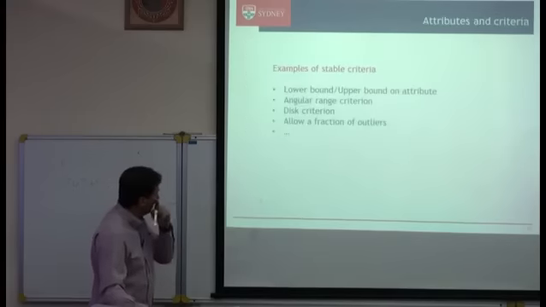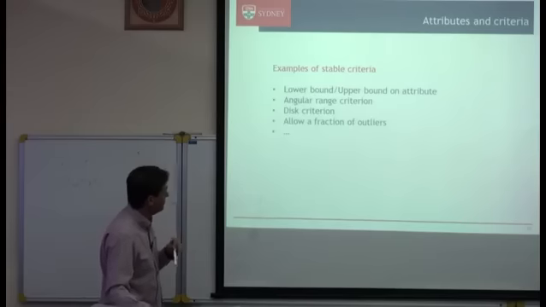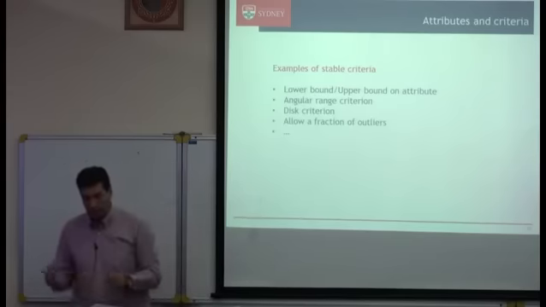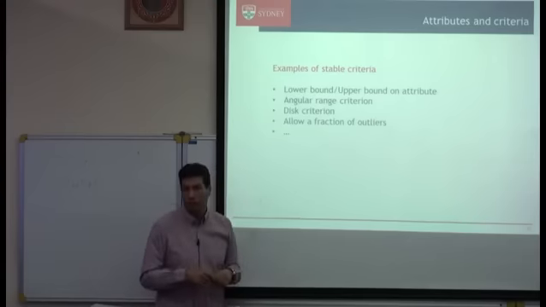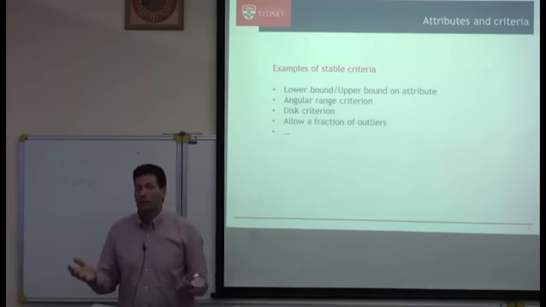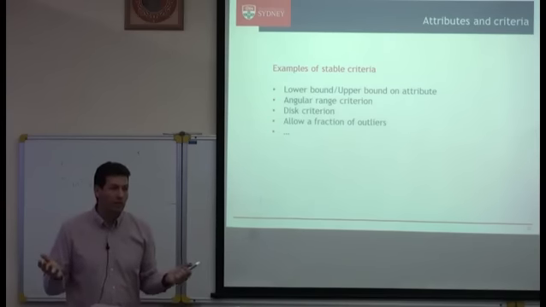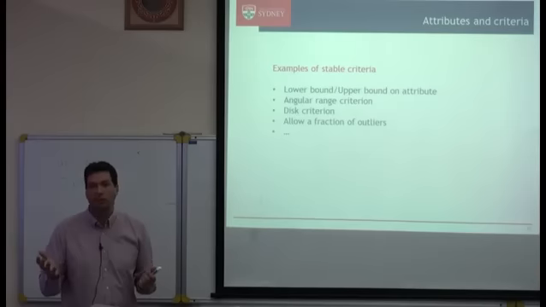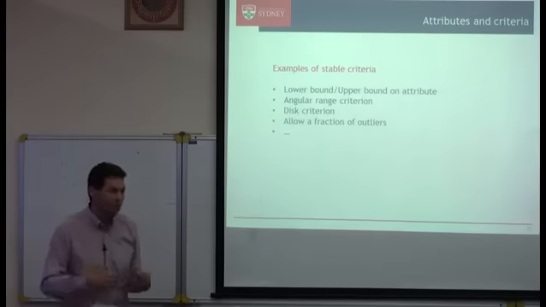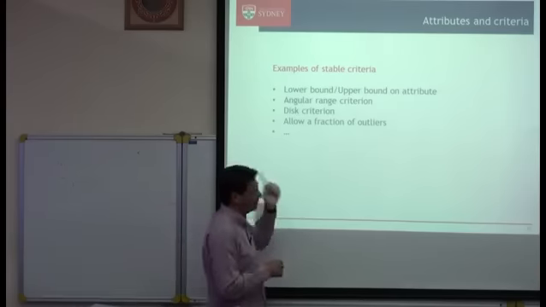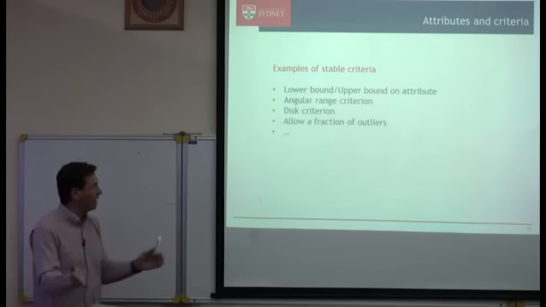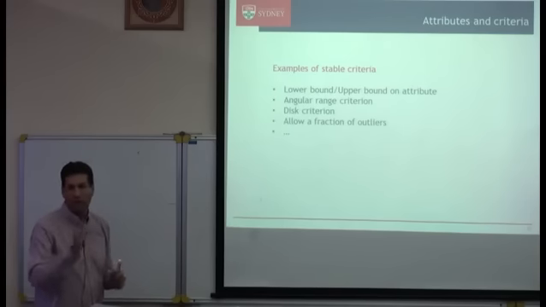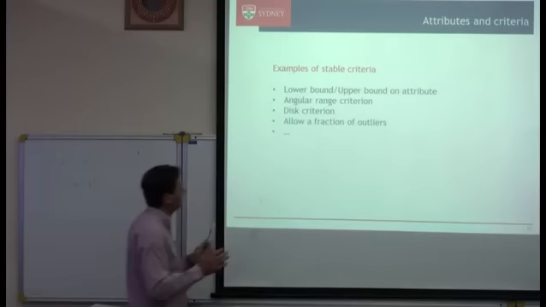But yeah, there are a lot of examples of stable criteria. You can have some lower or upper bounds on the criteria. For example, you have to stay at least 48 hours, or the speed has to be at least 20 kilometers an hour, or whatever it could be. You could have some angular range criterion, so I have to head in this rough direction during the whole segment.